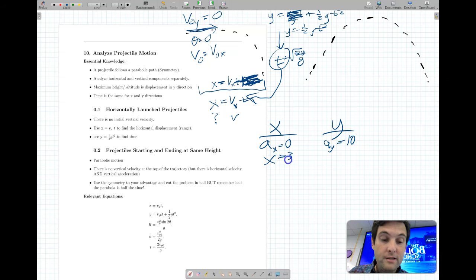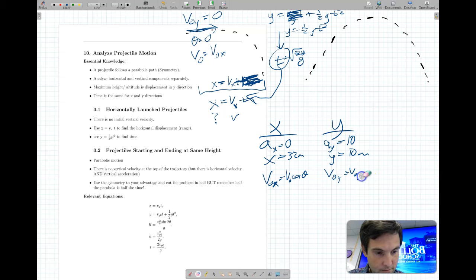If we know what x is, 32 meters, and we know our height is 10 meters, keep these two things completely separate. V naught x equals v naught cosine theta. V naught y equals v naught sine theta, because velocity is a vector.